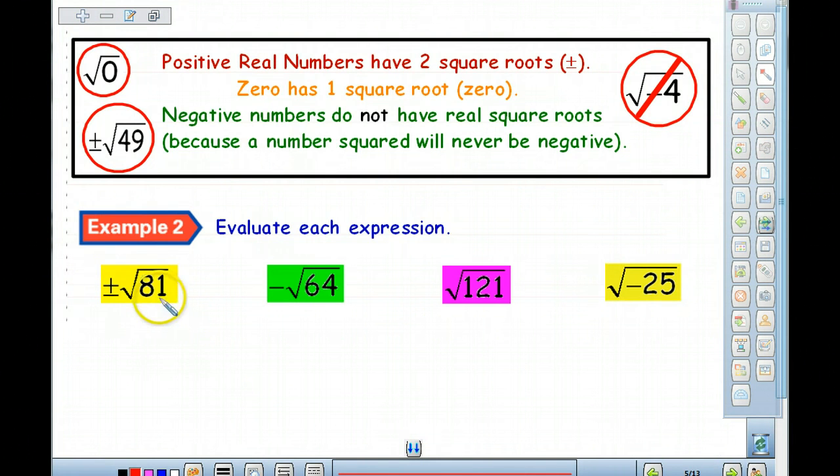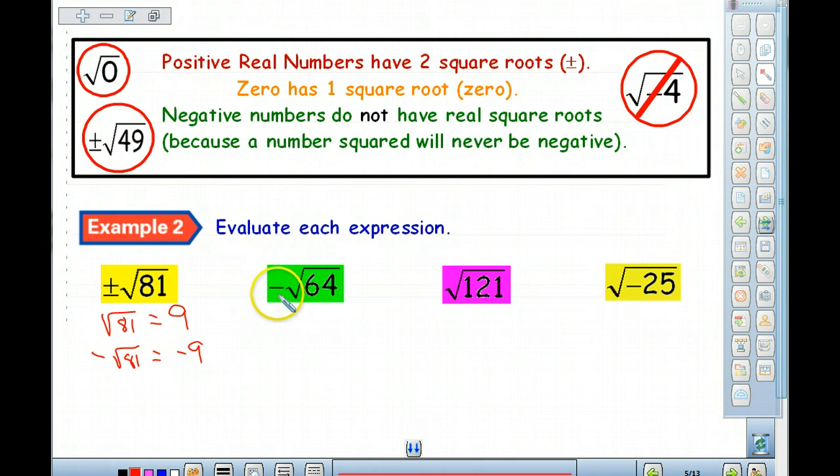All right, if I have this plus-minus in front of it, the positive and negative of the square root of 81, that means I have a positive square root of 81, which is 9, and the negative square root of 81, which is negative 9.